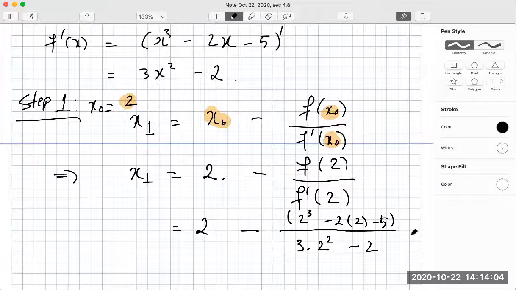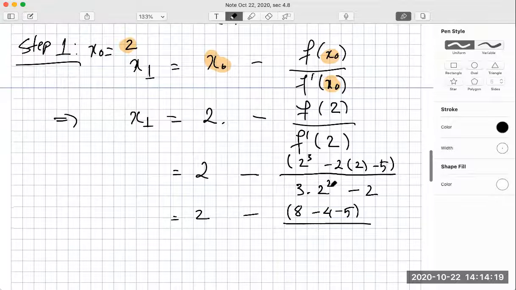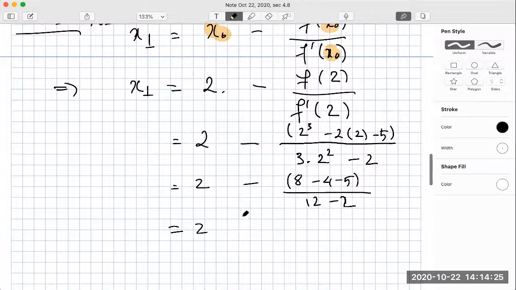Let us try. It is 2, then here it will be 8 minus 4 minus 5 here, divided by 3 times 4, which is 12, minus 2 here. Then it will be 2 minus negative 1 over 10.